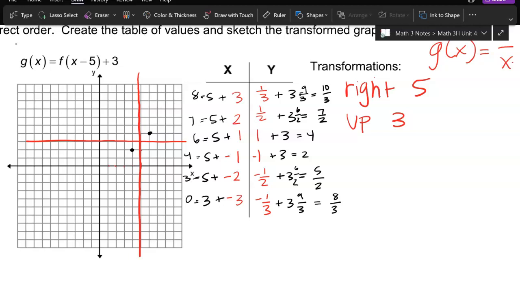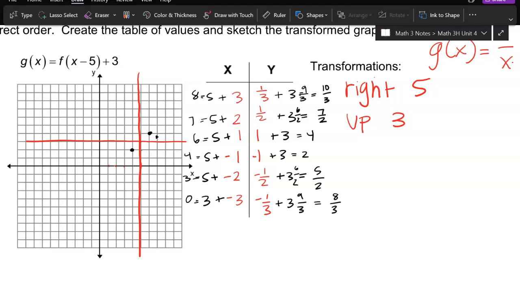All right. So at 7, we're at 7 over 2, so 3.5. So it's kind of there. And then we'll go here to 10 over 3.